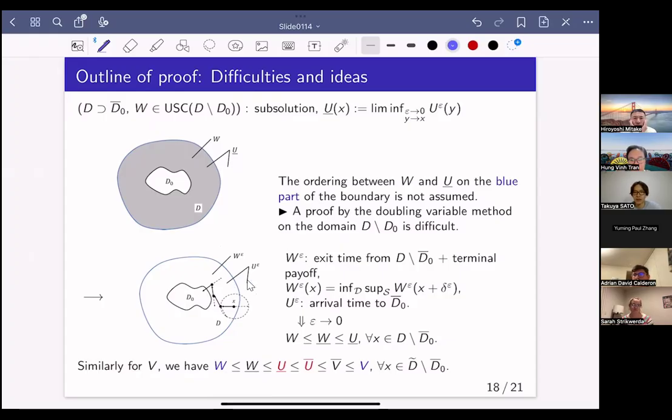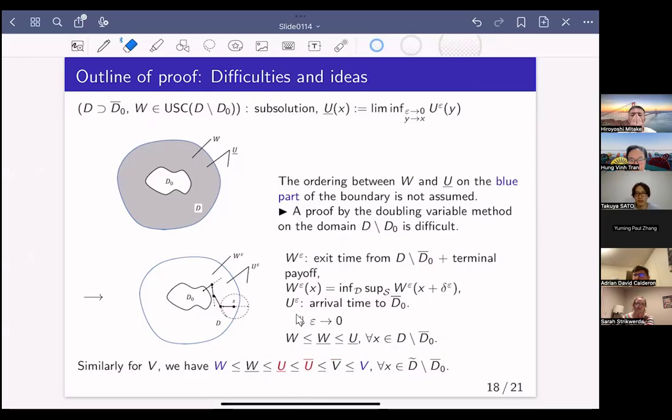The rule about the position movement is the same. So we can compare the two discrete value functions by subtracting the trajectory of the game. Using this, considering the states of the game, we can know the ordering between U epsilon and W epsilon, and taking the limit, we can get this ordering.